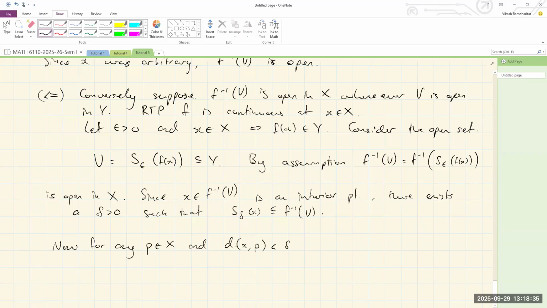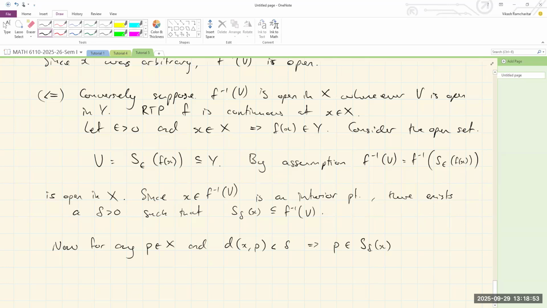So if I take any other point p within a distance delta of this x, then by definition, p will be within this ball.